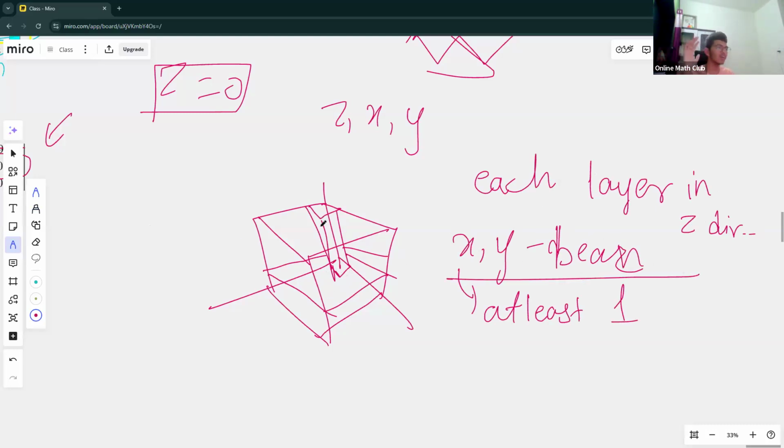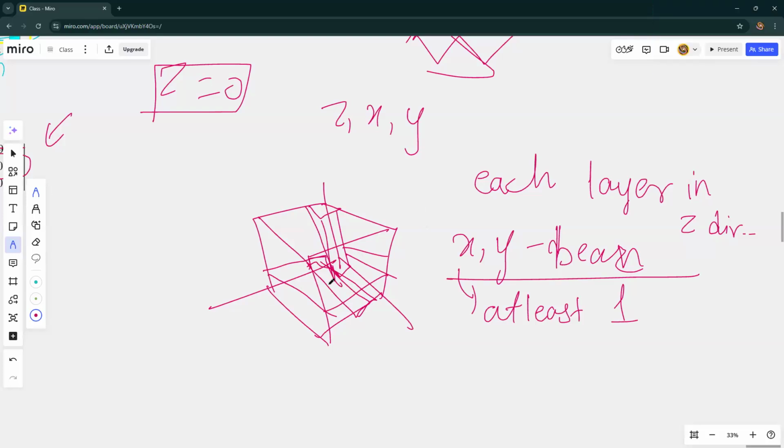Suppose we have at least one Z, but now here you cannot fit X or Y, so we have to consider some XY beam here, right? Then we need to cover the upper floor of that, which can only be covered by another X or Y type of beam. Then above that, for each of the layers we need at least one X or Y beam. Did everyone understand?